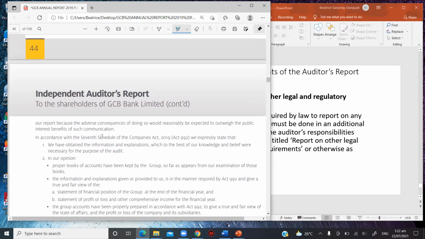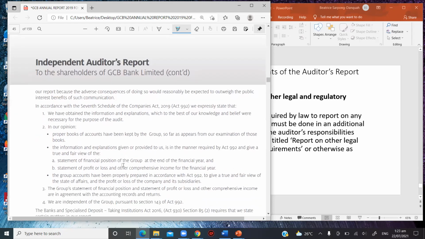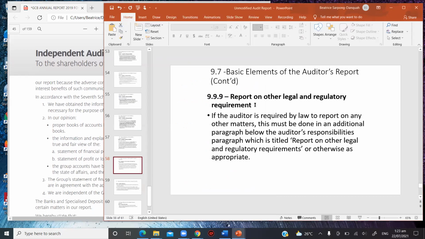In accordance with the 7th Schedule of the Companies Act 1992, we expressly state that we have obtained information and explanation. So they have to report in line with the Companies Act. That's why you are seeing that information. They will state the Companies Act and the various specific sections that they are working with. So that's the report on other legal and regulatory requirements.